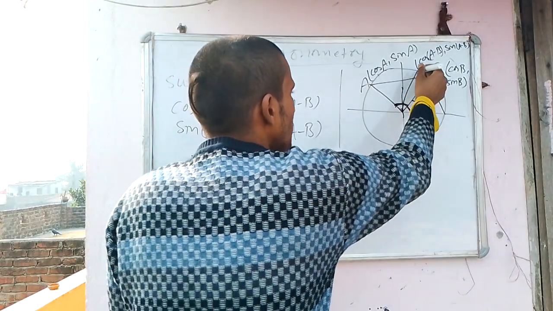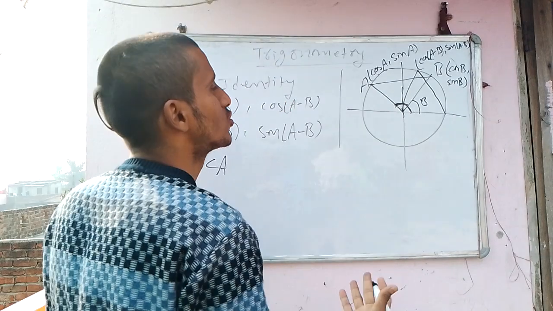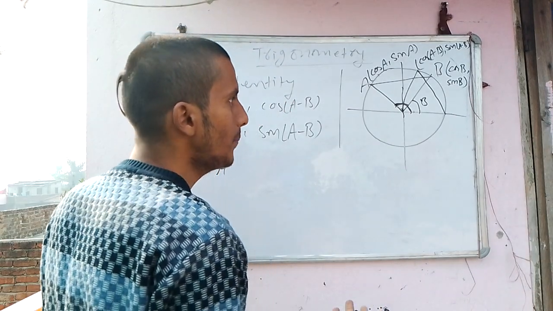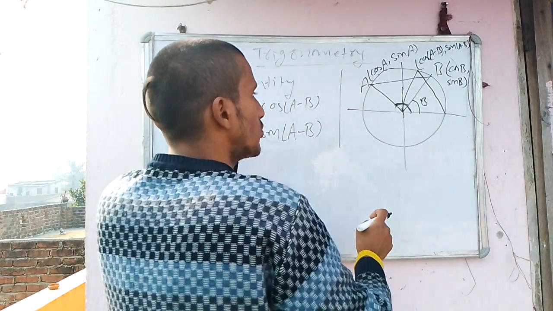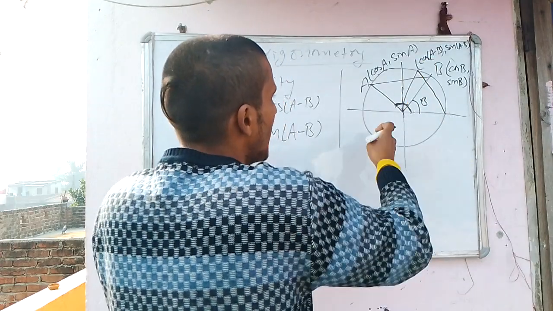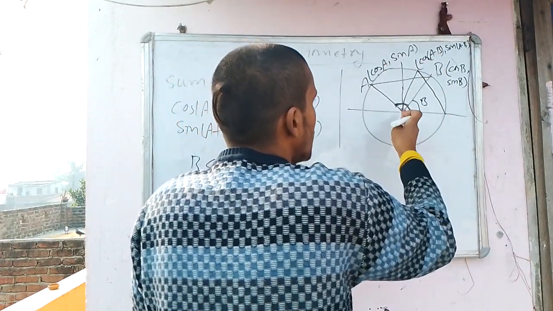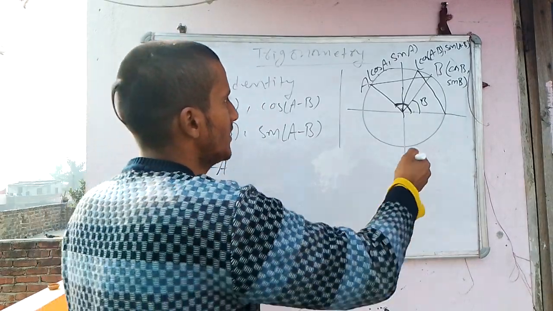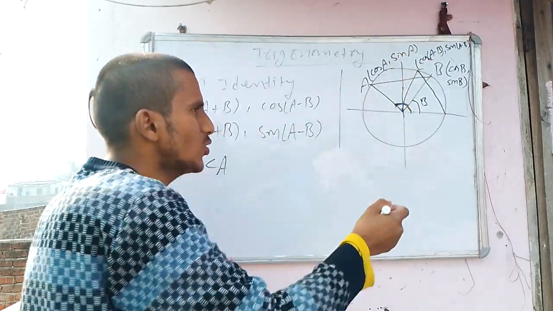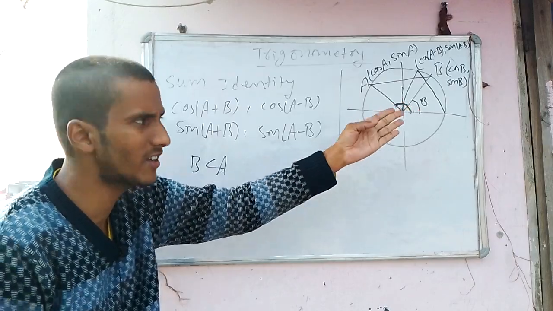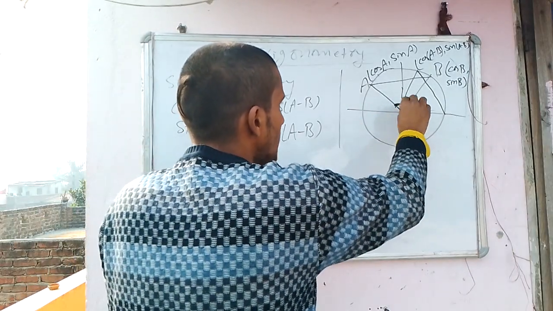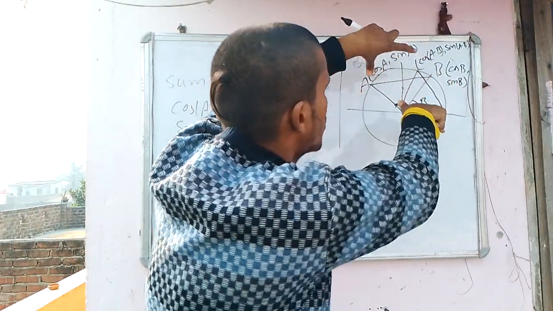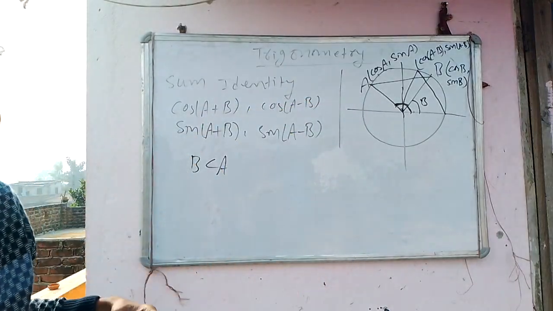And this a minus b is another angle which I have manually drawn, and this angle is equal. This manually drawn a minus b and the calculated a minus b, they are what? Equal. And these chords also will be equal because they have the same center angle. If this is the same angle and this is the same angle, then the size of the chord will also be equal.